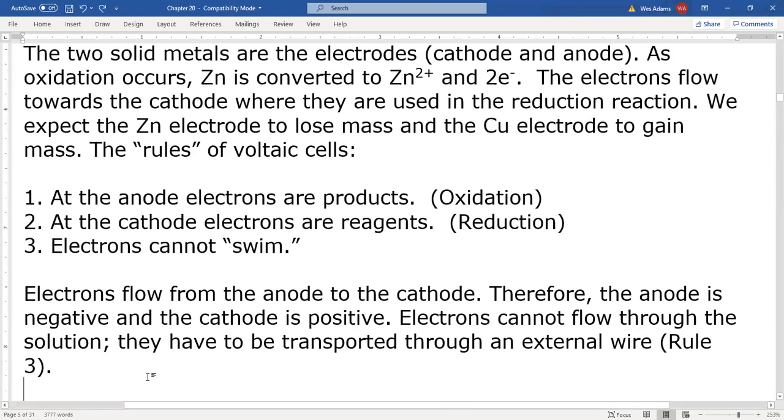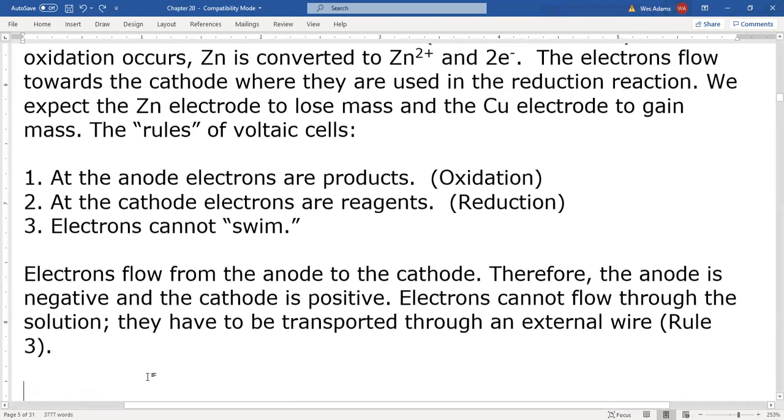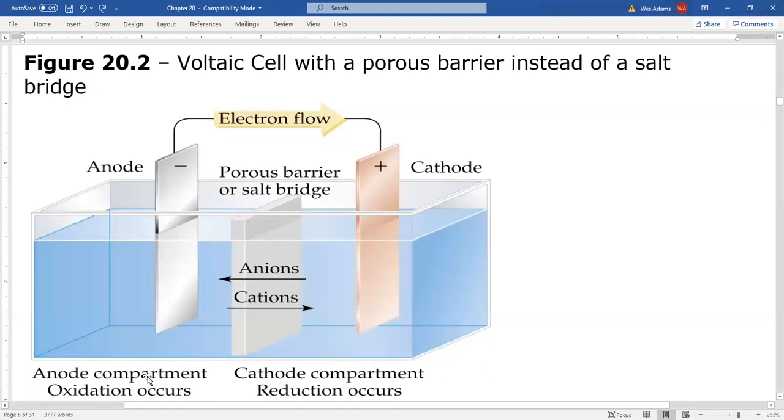And therefore, the anode is negative, the cathode is positive because the electrons are generated on the anode and they are used up on the cathode. They don't flow through the solution, they go through the external circuit, which was rule 3. You don't have to have a salt bridge if you have a semi-permeable barrier.